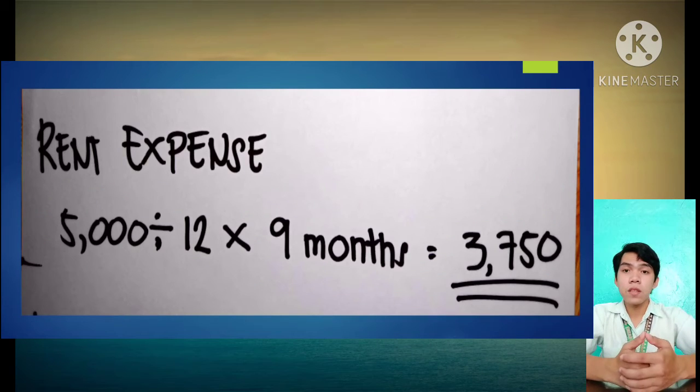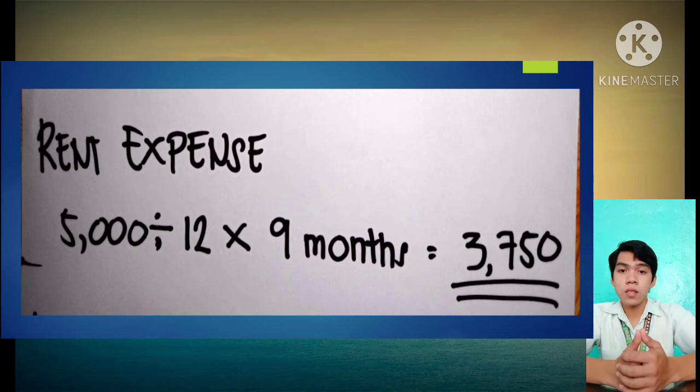Another debit account is the rent expense. As I said earlier, 9 months were used from April 1 to December 31, so to compute, 5,000 divided by 12 months times 9 months is equal to 3,750. So that is your rent expense.